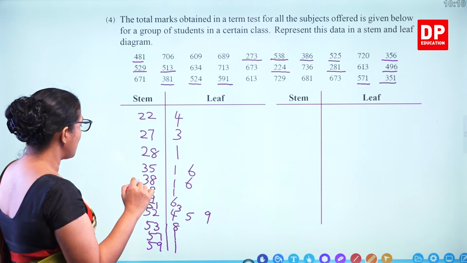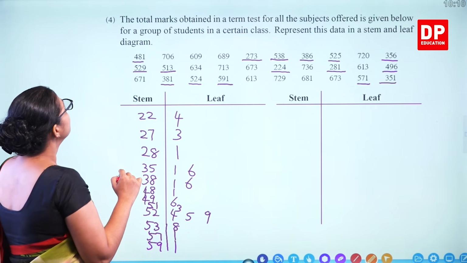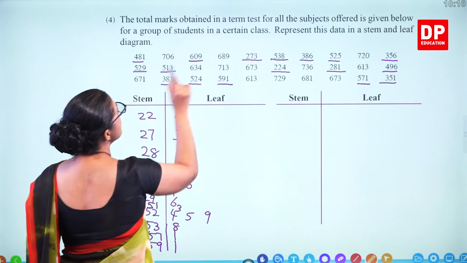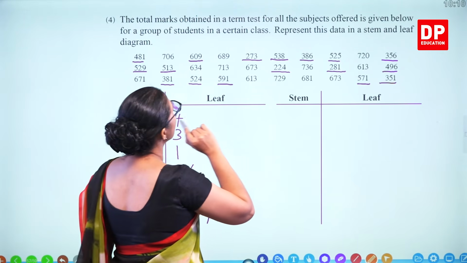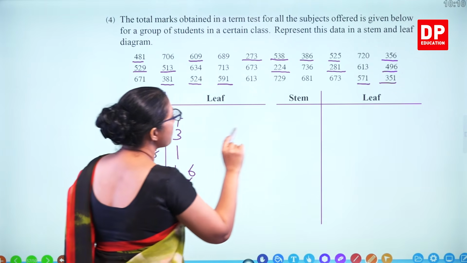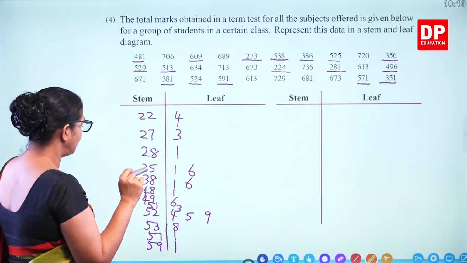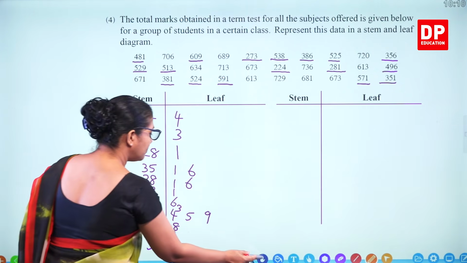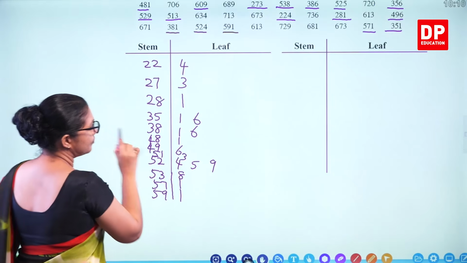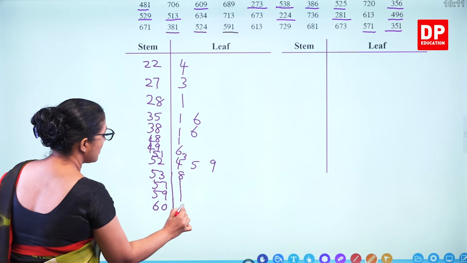So 60s, what are the numbers we have for 60s? 60 is there. 60 with 9.